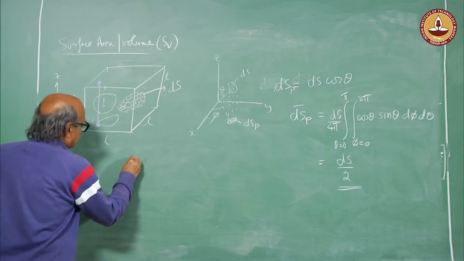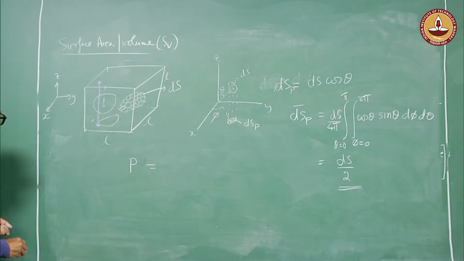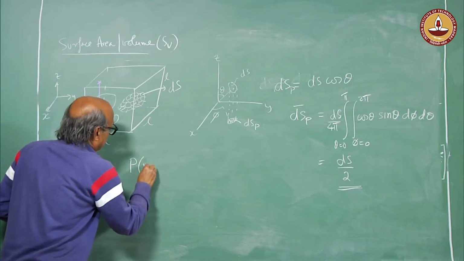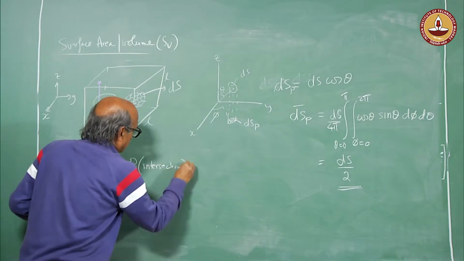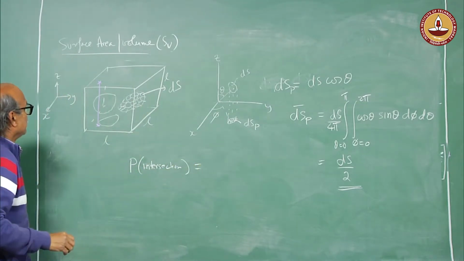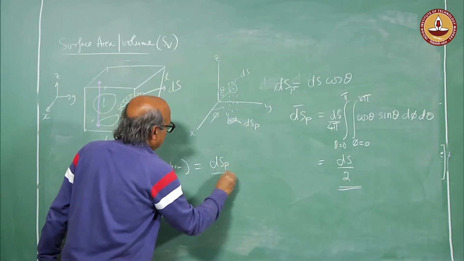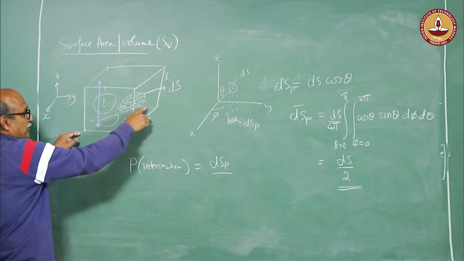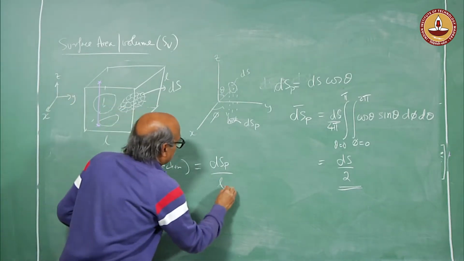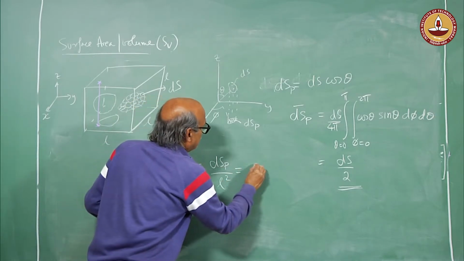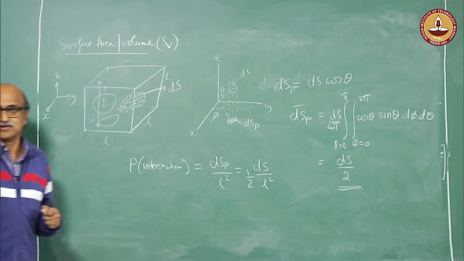So, the probability of intersection with a line probe, if I call that P, is the average projected area dsp upon the area of the face in the xy plane. So, L square, or this is simply ds upon L square, and there is a factor of half that would be there.